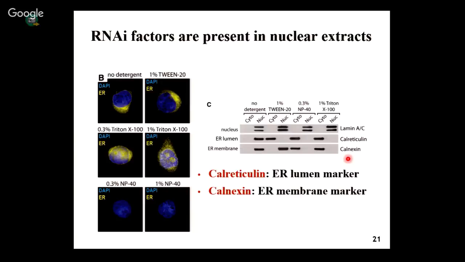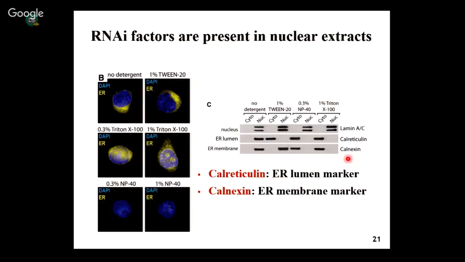But as RNAi factors can also localize to the ER, detecting RNAi factors in nuclei tends to be difficult, because the ER membrane is too close to the outer nuclear membrane. So they tried different detergents and conditions to prepare nuclear extract.